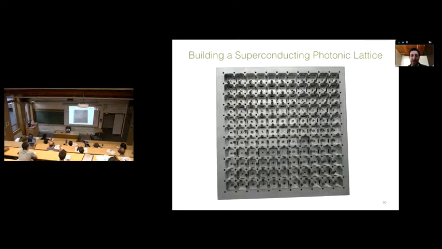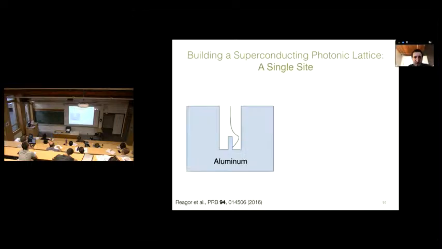The second third of this story, although the last third will be very brief, is about making arrays of microwave resonators and coupling them together. So how do we make a microwave resonator?